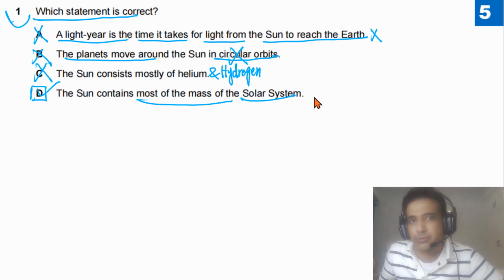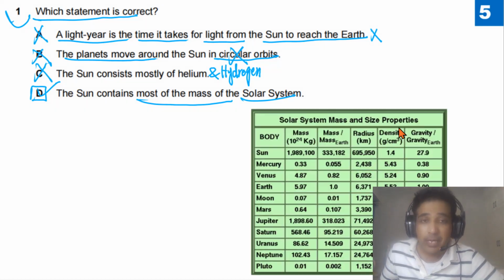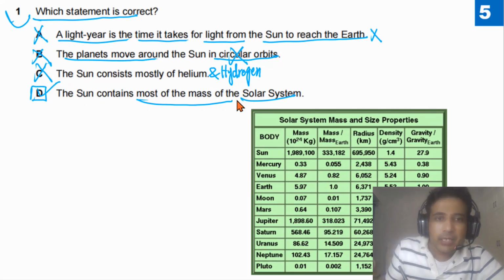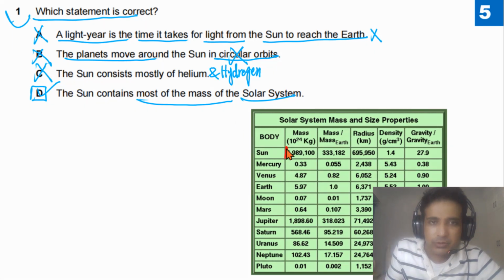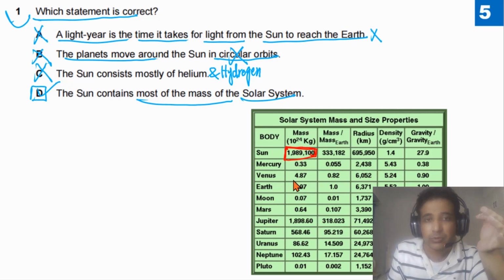Let's have a look at the masses of different planets and the mass of the sun, so you can get some idea about this one. The mass of the sun is around 10 to the power 30 kg. If you look at the mass of Mercury, you can see it's very small.